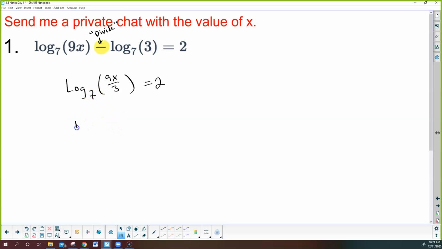And then what I would do, they don't do this in Delta Math, and I'm trying to figure out the reason why, but 9x divided by 3 is just 3x. Simplify that, right? So if I simplify that, that makes it easier inside. And now I'm going to take the base of 7 and change it from log form to exponential.